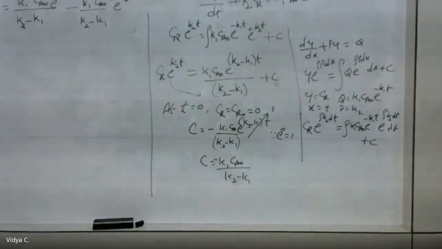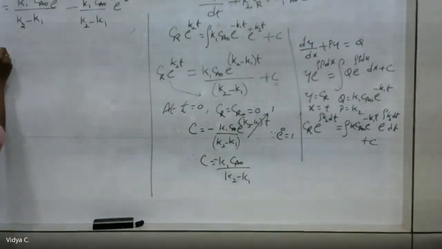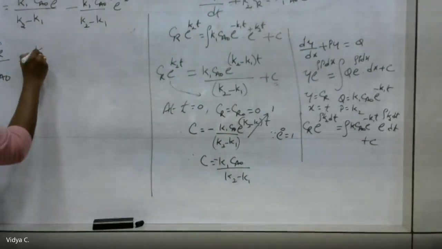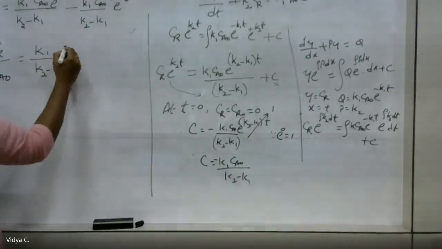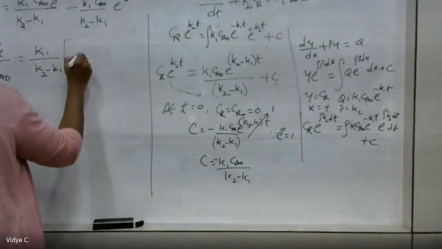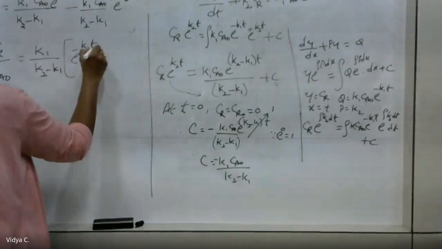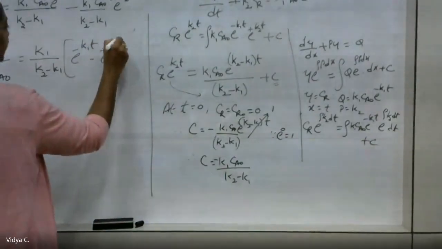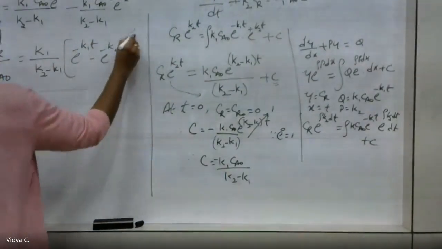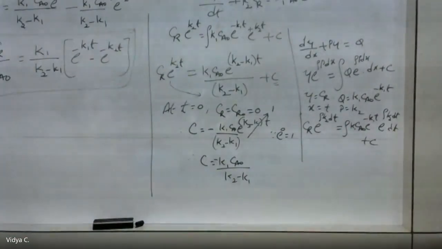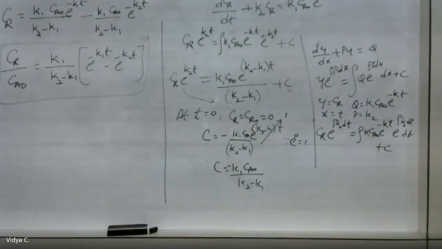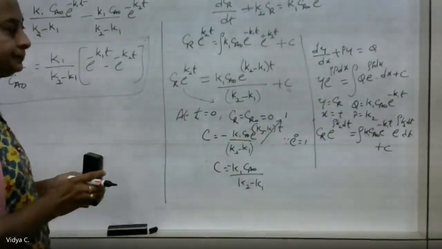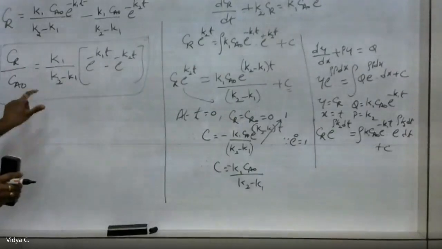So I can also write this as Cr by Ca naught equal to k1 by k2 minus k1 into e to the power of minus k1t minus e to the power of minus k2t. This is one equation which you have to remember.